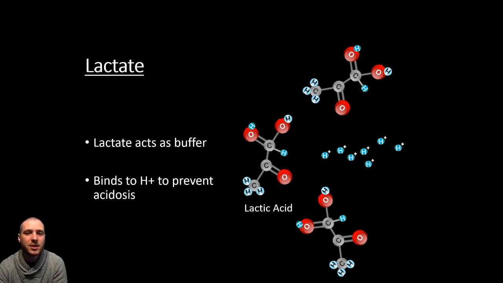So it's going to take the hydrogen out of the tissue and significantly buffer the acidic conditions within the muscle tissue. So lactate isn't a bad guy. Lactate is going to act as a buffer to try to keep the muscles performing longer than they normally would. So it does this by binding the extra hydrogen ions to prevent acidosis.